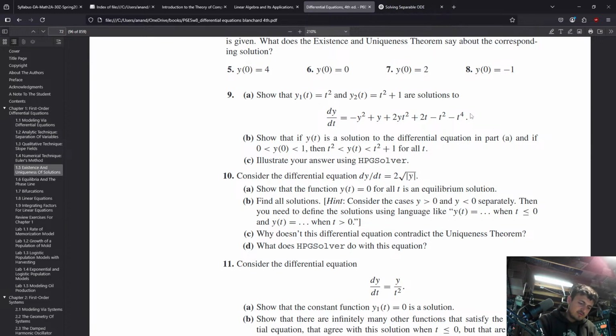So this is just going to be minus t to the 4th plus t squared plus 2t to the 4th. So this cancels, and minus t to the 4th cancels. Plus 2t minus t squared. So the t squareds cancel, and you get 2t is equal to 2t. So there we go. We've checked that that is indeed a solution.